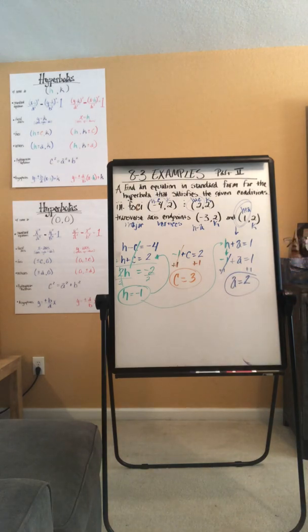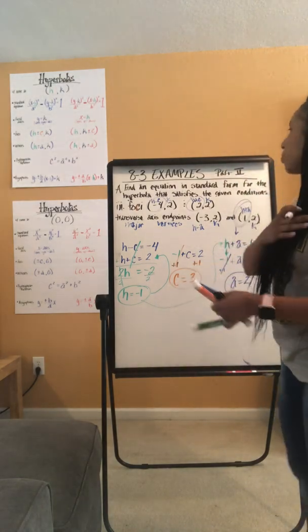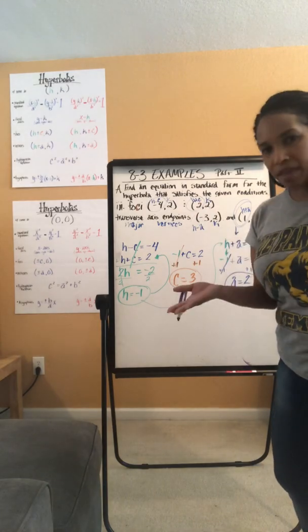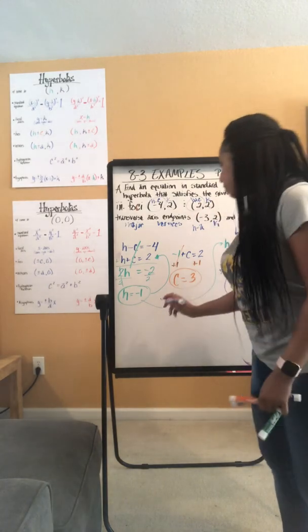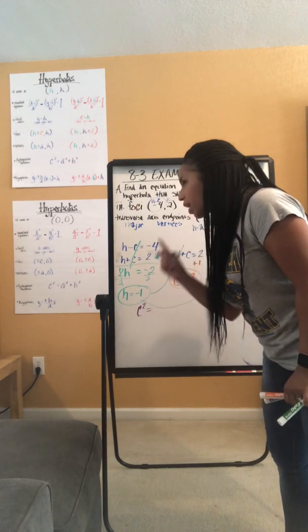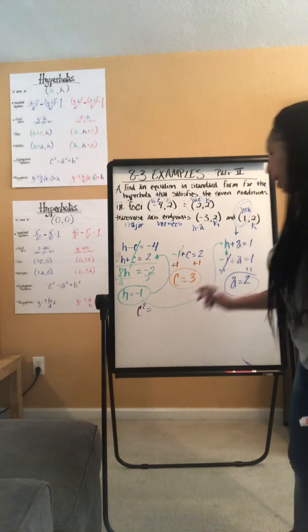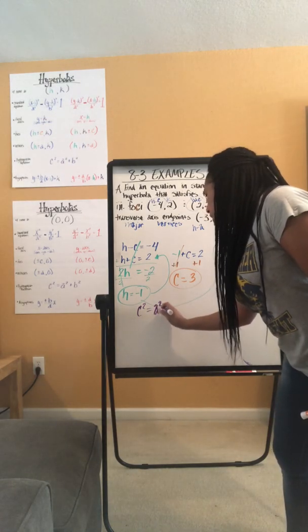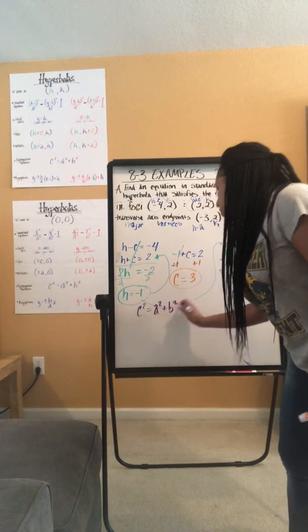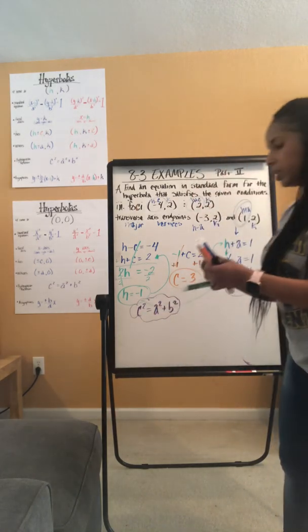Let's see, I've got everything I need but b. The reason they gave me c is because I have to use it to find b. The way we do that is the Pythagorean relation. The Pythagorean relation for hyperbolas is the same as the Pythagorean theorem for triangles. It is c squared equals a squared plus b squared. We'll plug in what we know to find out what we don't.